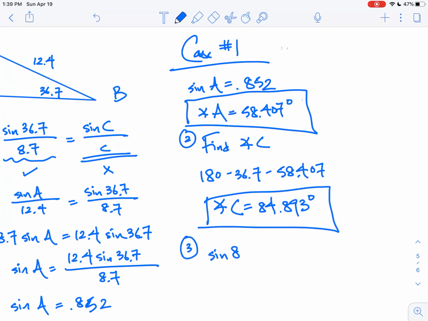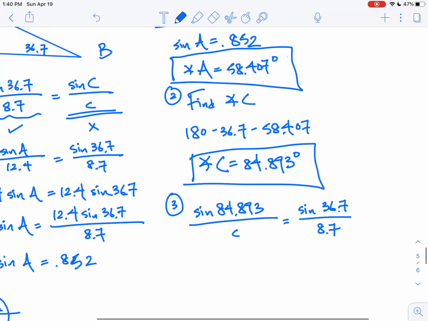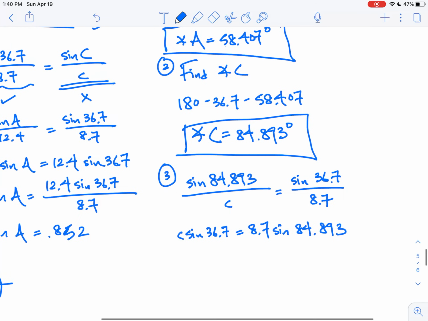So sine of 84.893 over little c is going to equal sine of 36.7 over 8.7. I'm going to cross multiply. So c sine 36.7 equals 8.7 sine 84.893.